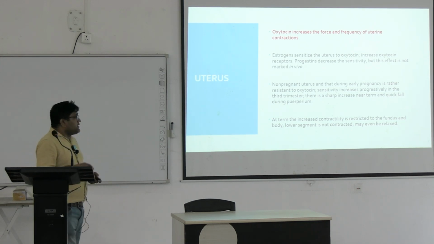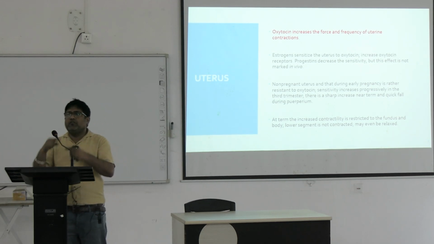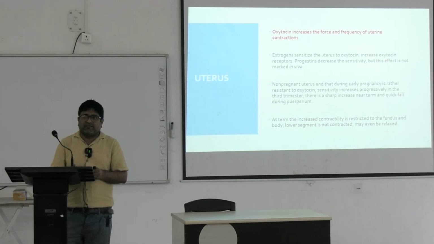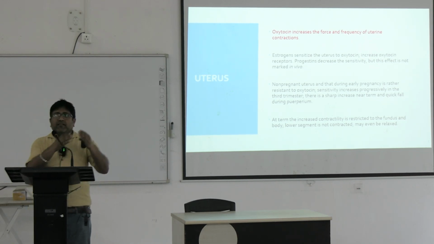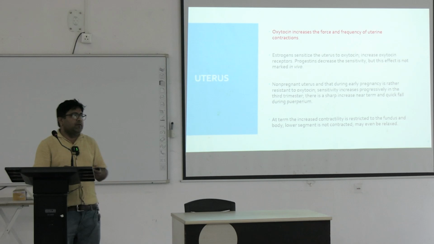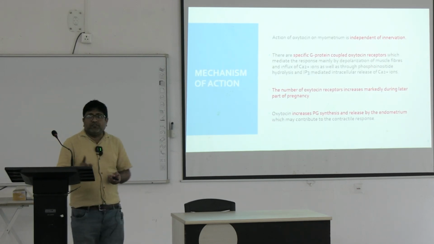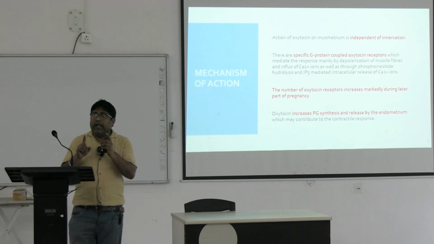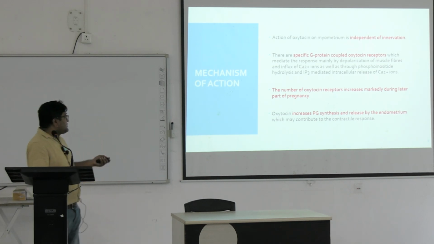At term, the increased contractility is more restricted to the fundus and the body of the uterus, while the lower segment of the uterus is relaxed. How does it help? It causes better descent of the fetus during labor. The action of oxytocin, as I said earlier, is independent of the autonomic innervation of the uterus.